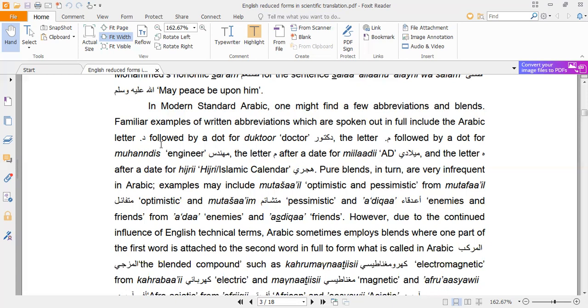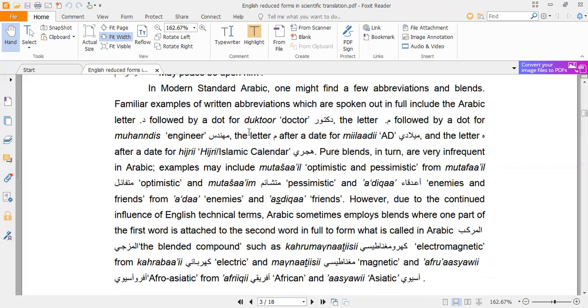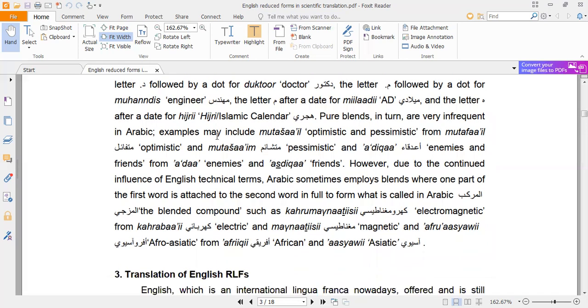We write it دال دوت زلفة, but when we pronounce it, we say دكتور زلفة. The same with ميم. We say ميم and it can mean ميلادي if it comes with a date, or مهندس if it comes with a person's name, or something like this. The letter هاء also means هجرة. Okay.